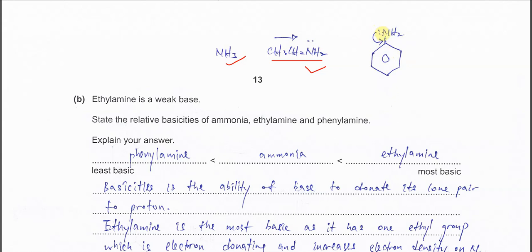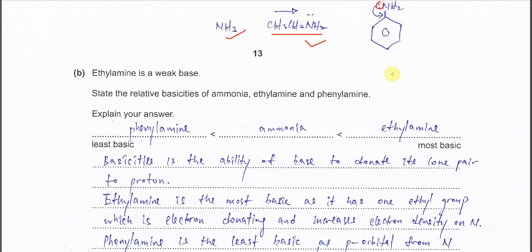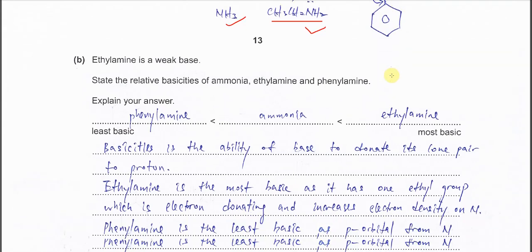Because the nitrogen has a p orbital, and it can overlap with the pi electron system in the benzene ring, and therefore the lone pair on the nitrogen can delocalize into the ring, and this lone pair is less available. When it is less available, it is less able to donate to the H+, so it is a weaker base. So this is how you explain the basicity.